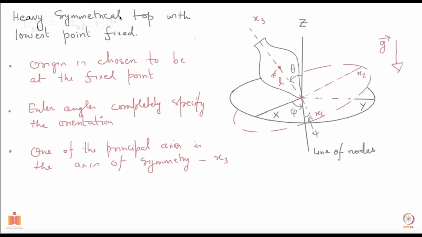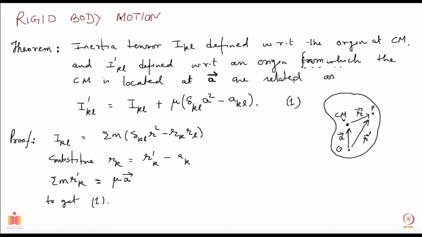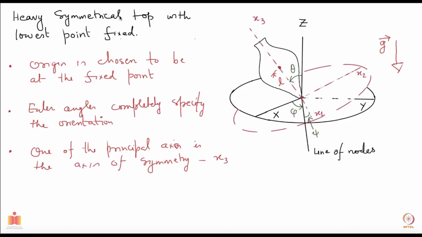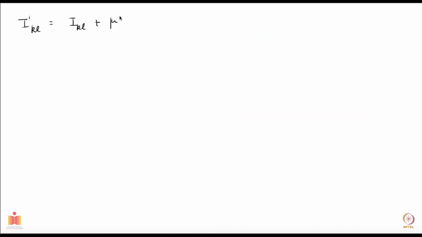As we have seen, our I prime KL will be given by I KL plus mu times (delta KL A square minus AK AL).